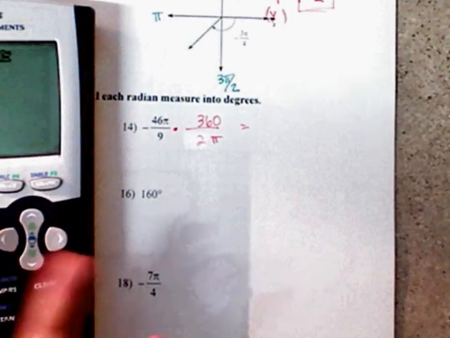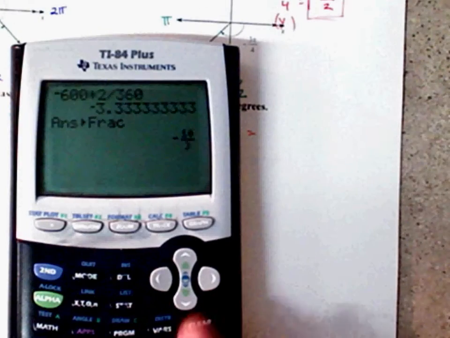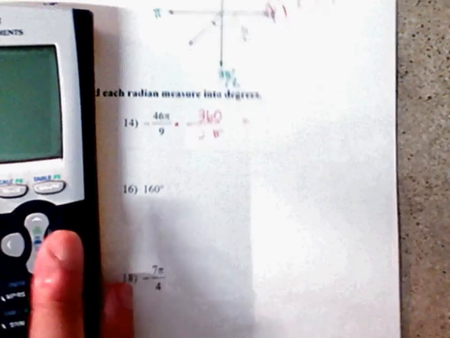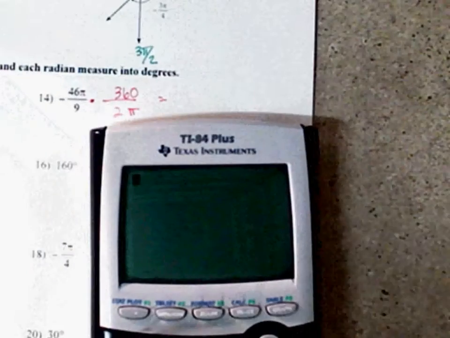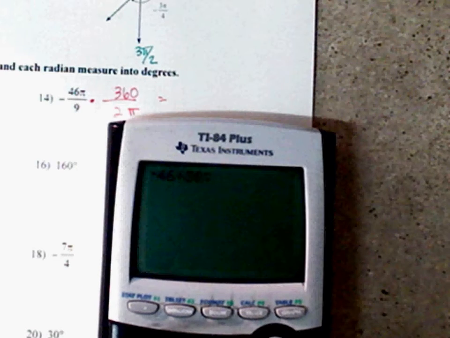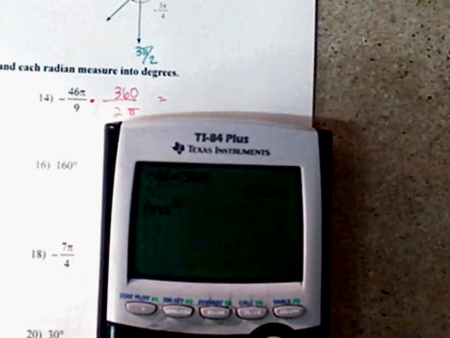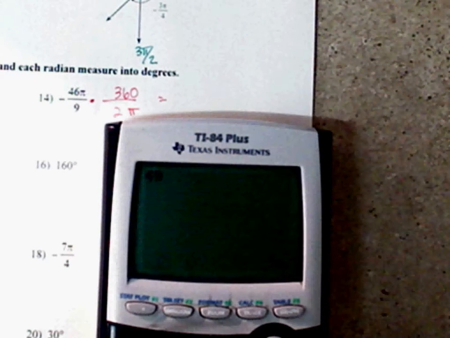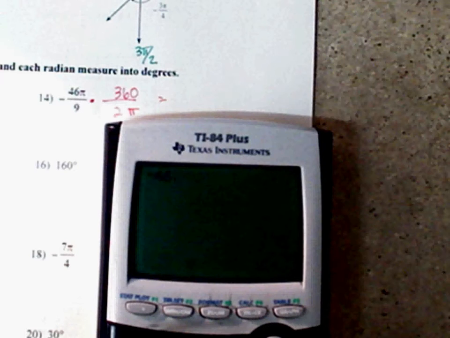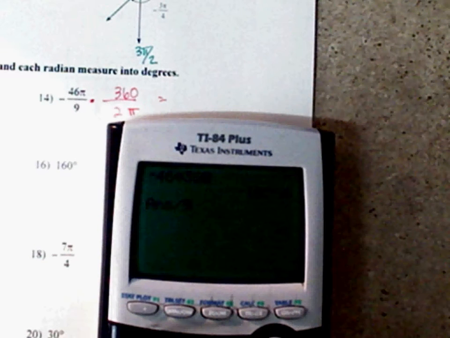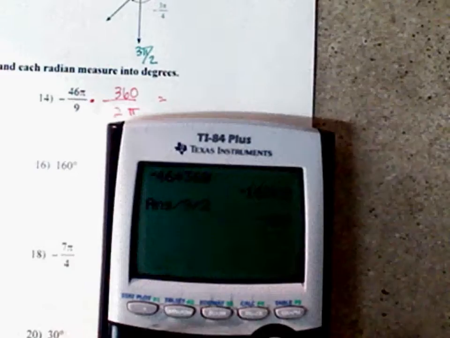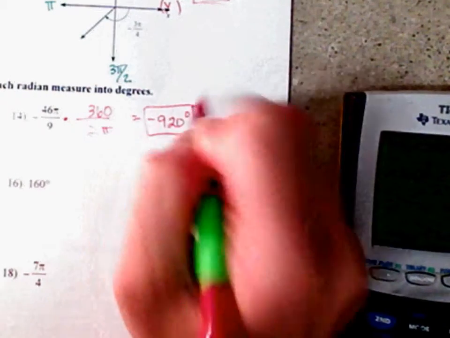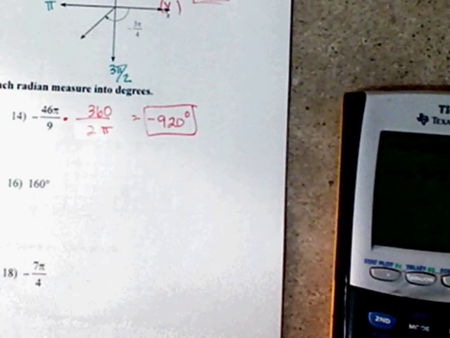So you're going to take negative 46 times 360 divided by 9 divided by 2. That comes out to be negative 920 degrees. Don't forget your symbol. You got to write your degree symbol, okay?